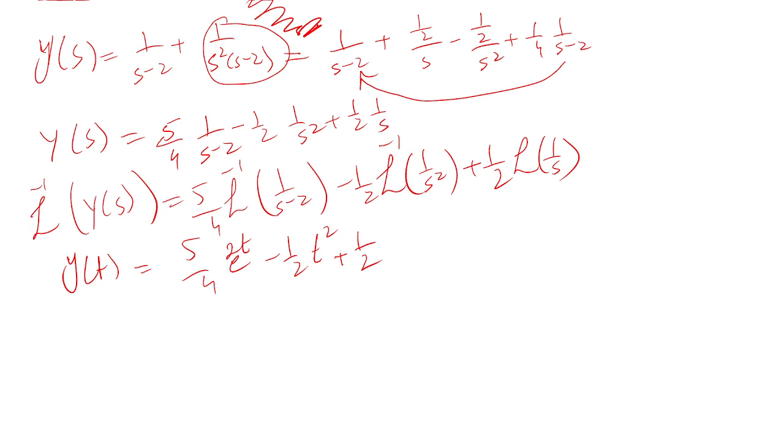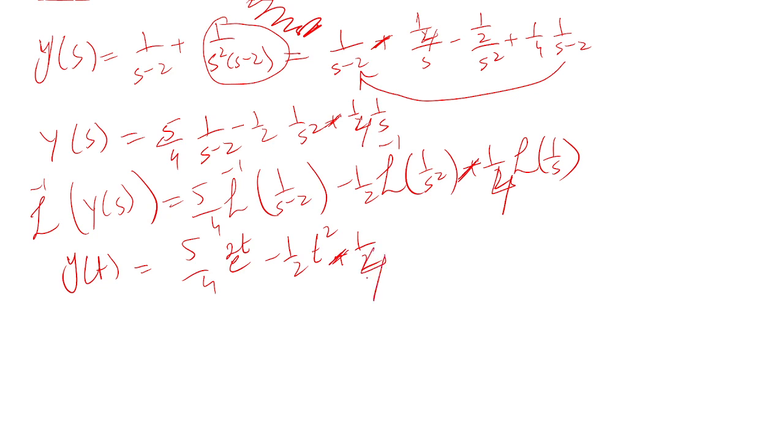Now we will correct correspondingly. a is here. This is a, and this a is minus 1 by 4. So this is minus 1 by 4. Here is minus 1 by 4, and this is minus 1 by 4.